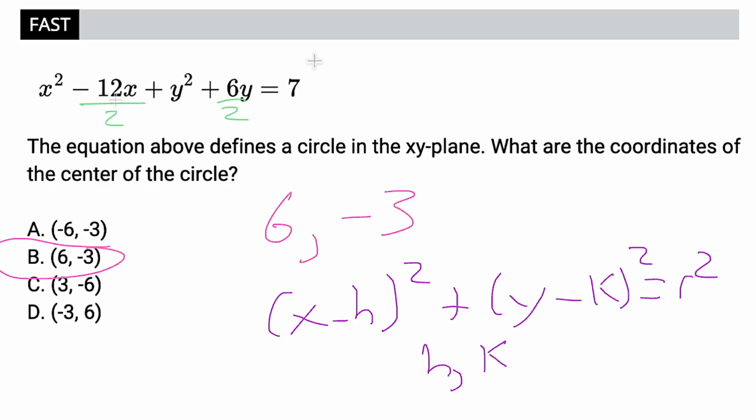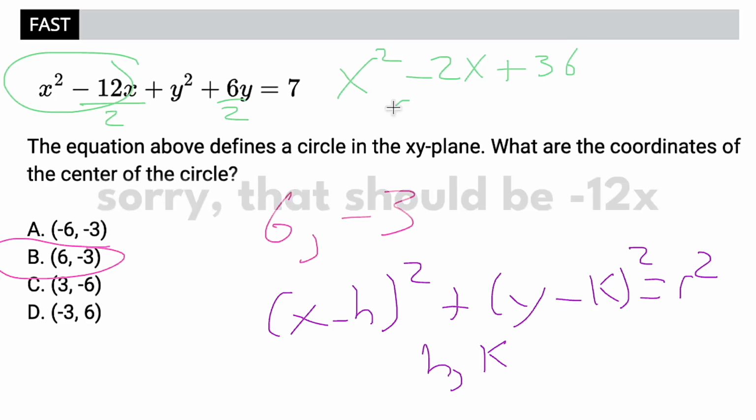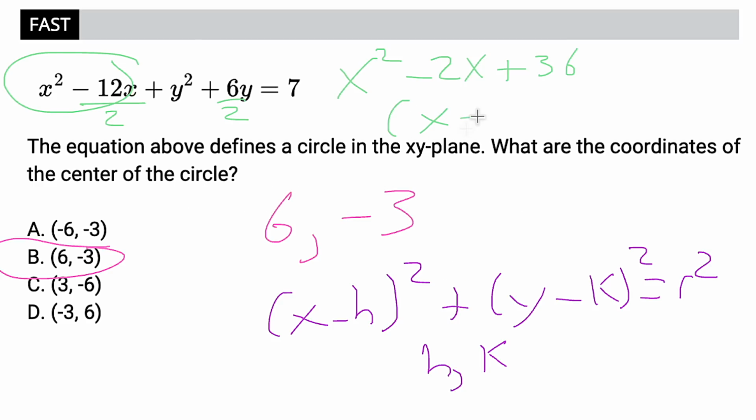So we would get negative 12 divided by 2 is negative 6 squared, which is 36. So this would become x squared minus 12x plus 36. And this would factor to x minus 6 squared.